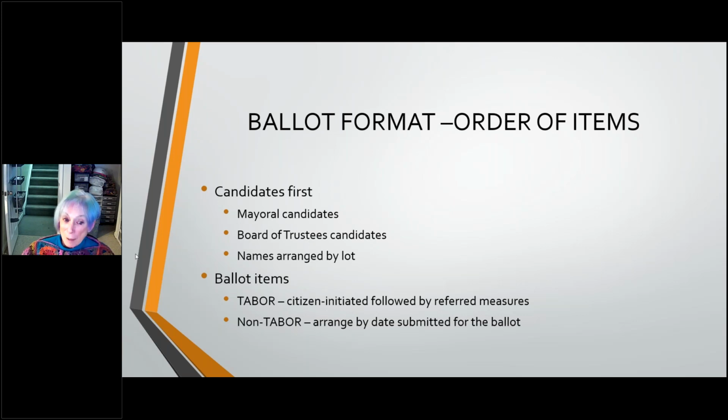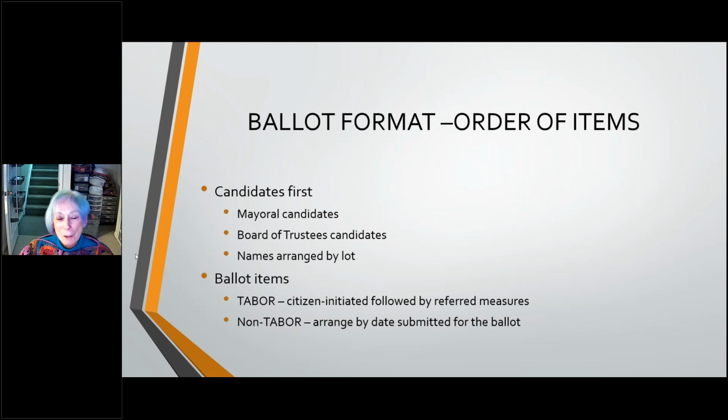After the TABOR items, you would have your non-TABOR items. Again, I suggest that the non-TABOR items be arranged by the date submitted to the ballot. What would non-TABOR be like?